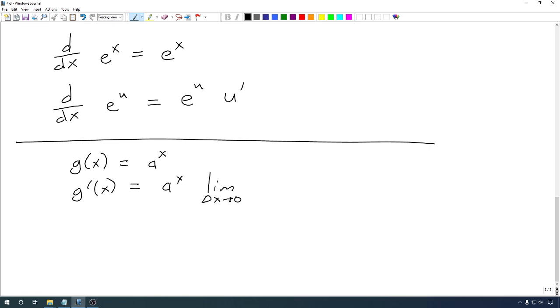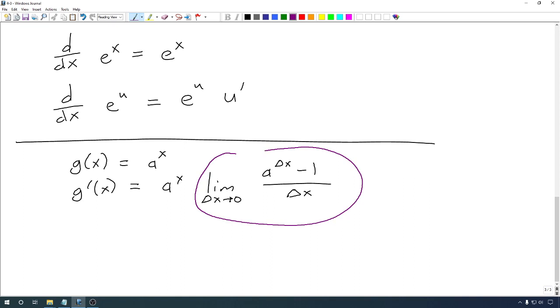And we end up with the limit as delta x goes to 0 of a to the delta x minus 1 over delta x. This particular limit here is some number that depends on what a that we're using. Whatever our base is, we're going to have a different limit here.